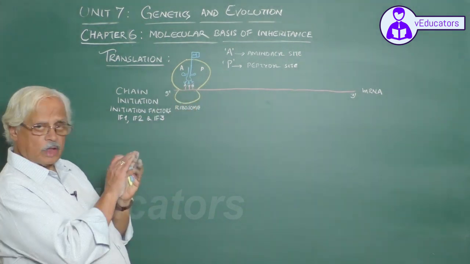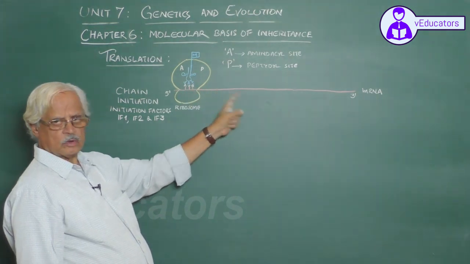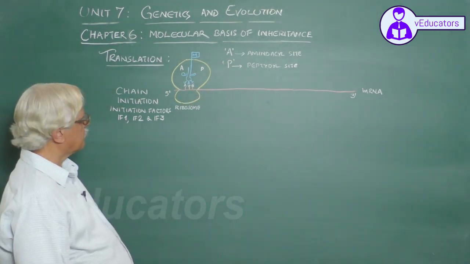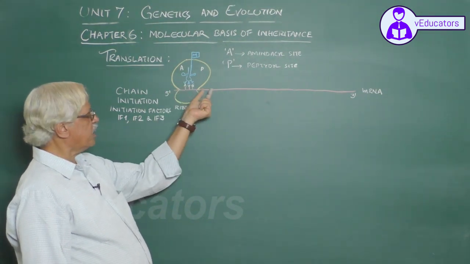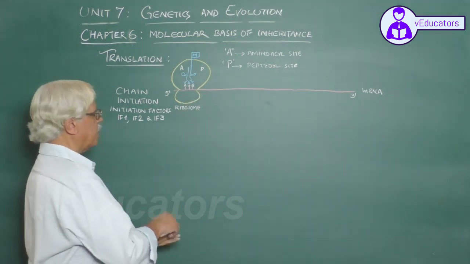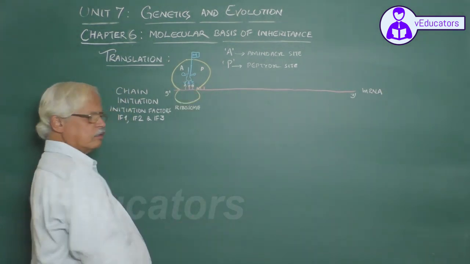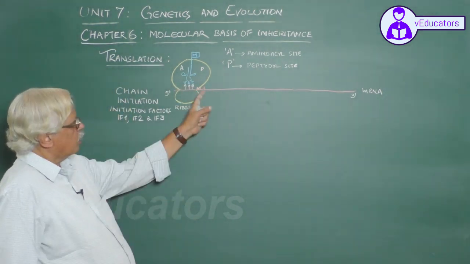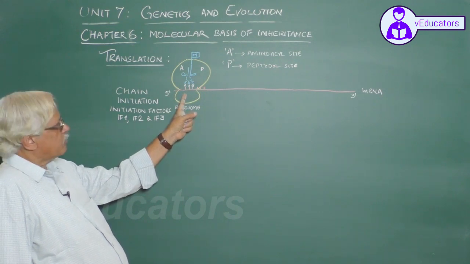Now the ribosome slides towards the 3' end. As the ribosome slides, the second codon now comes in contact with the ribosome.